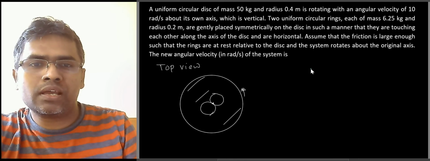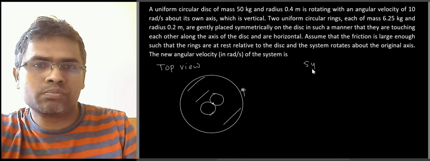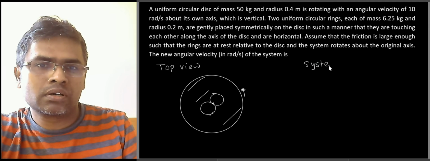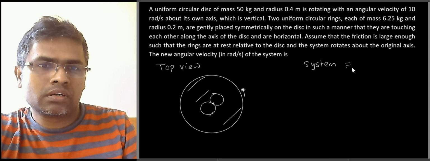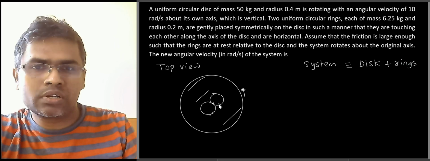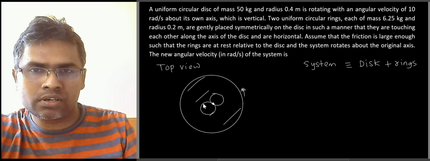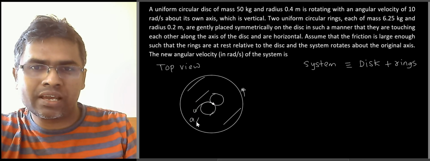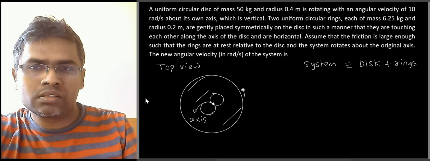Now, if we take our system to be the disk plus the two circular rings about the axis, okay, so this is our axis. About the axis, there is no external torque.